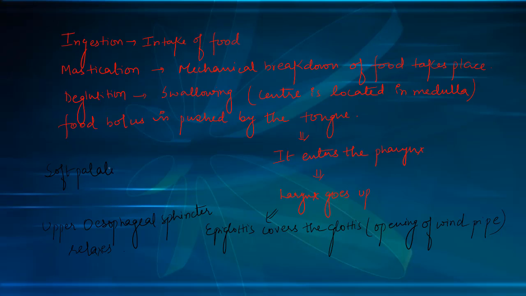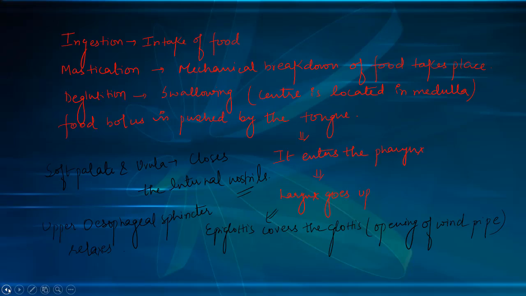So, ingestion, mastication, deglutition: the food bolus is pushed by the tongue. It enters the pharynx, and from the pharynx it pushes the larynx up. The epiglottis covers the glottis. The upper esophageal sphincter relaxes. The soft palate and the uvula close the internal nostrils.